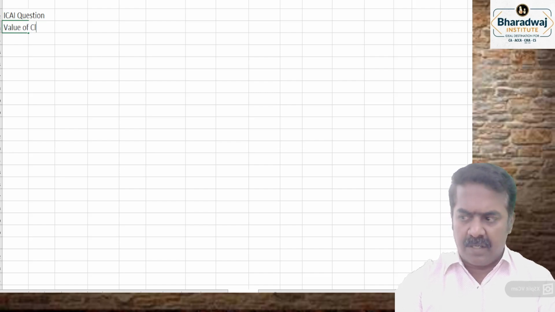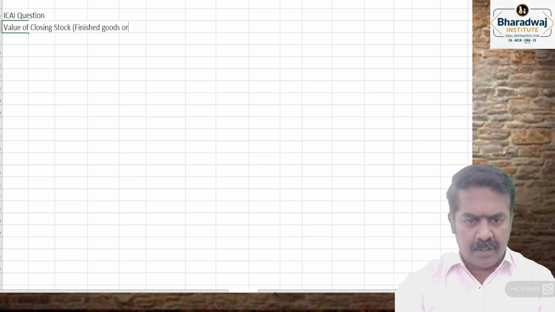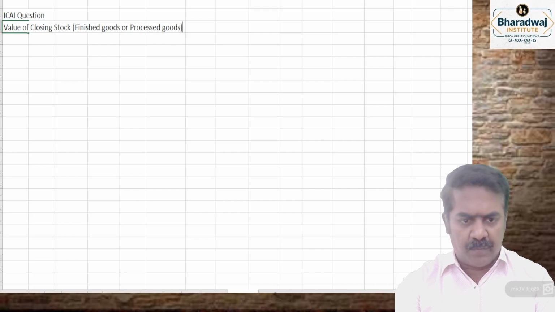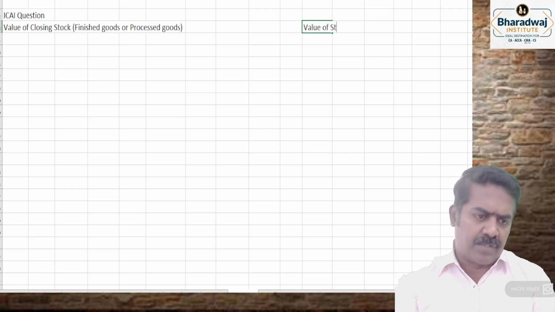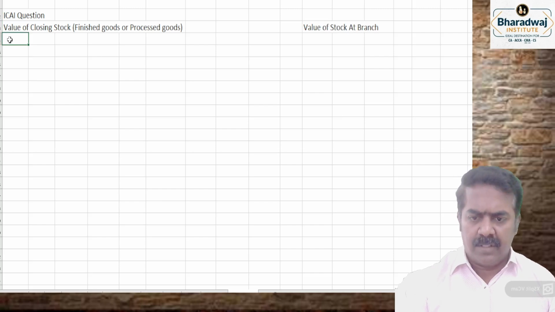Value of closing stock of finished goods, or you can say processed goods, we have to find out. Then what else we have to find out? Value of stock at branch. We need to find out. Start. First, let us do this.